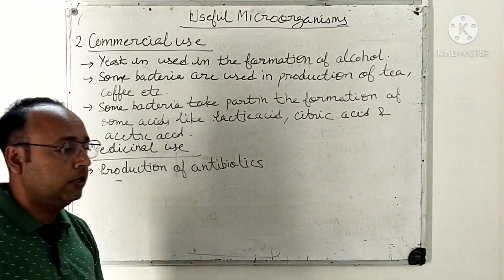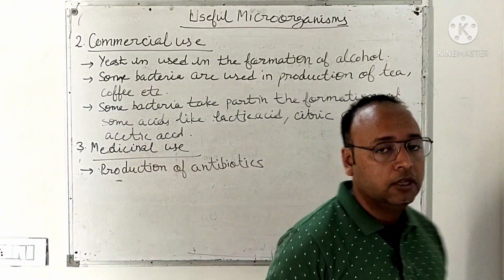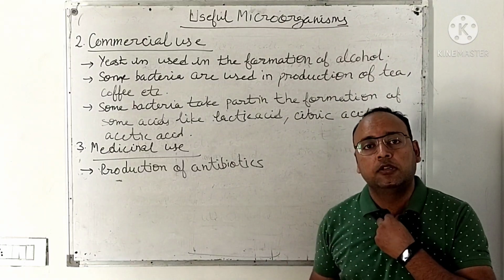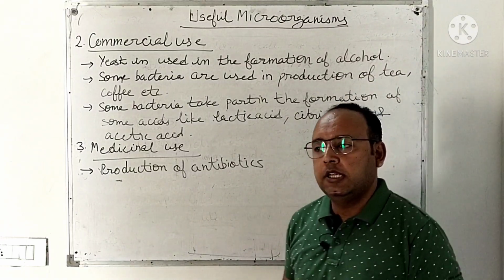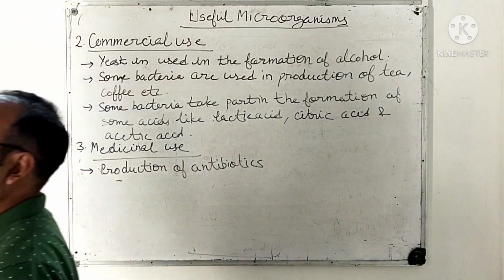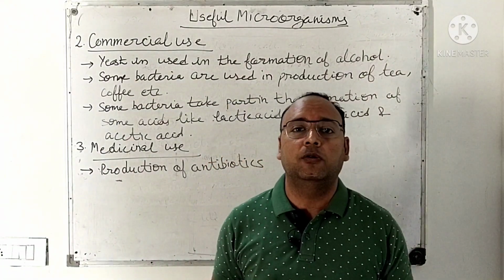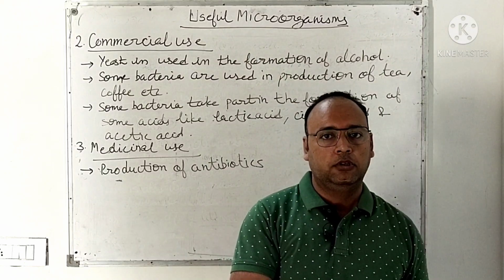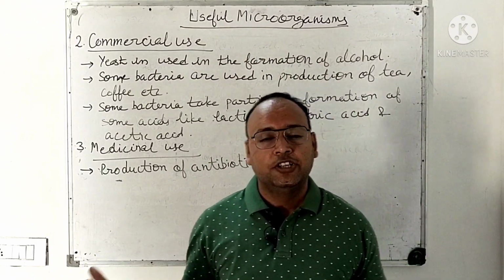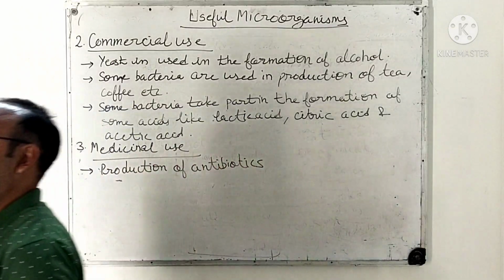You might have heard of antibiotics; whenever somebody falls ill, the doctor always prescribes antibiotics. So what are these antibiotics? Antibiotics are medicines produced by microbes to kill microbes. Very strange.